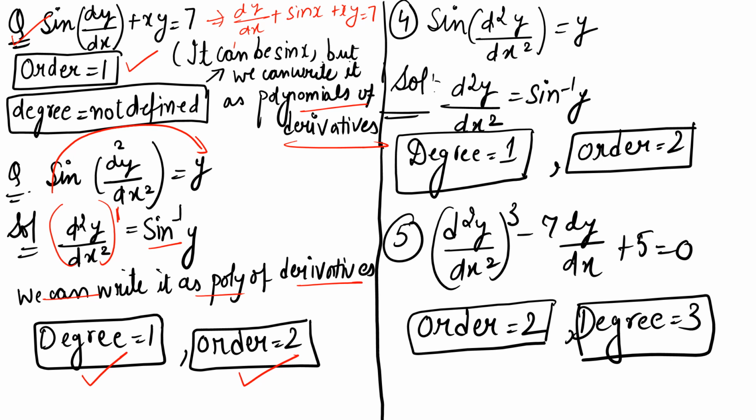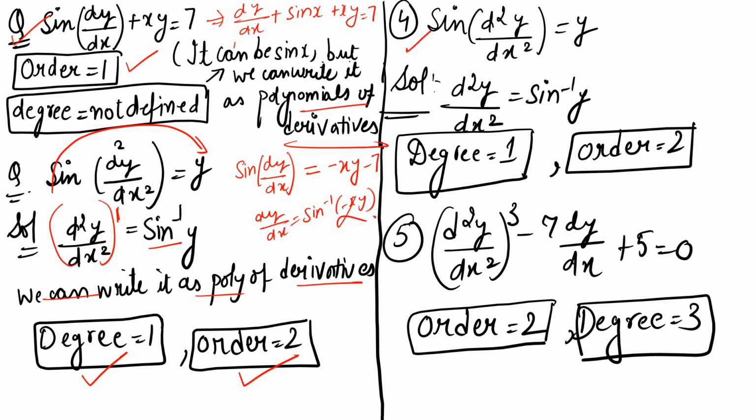In the earlier equation we can't do that, because with sin of dy upon dx equal to, if we take the other side, minus xy equal to 7, we can't write it as dy upon dx equals sin inverse of minus xy. This is not defined. We can take the inverse with y only or x only. So here the degree is 1 and order is 2.